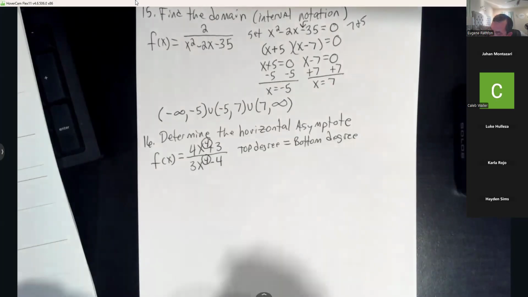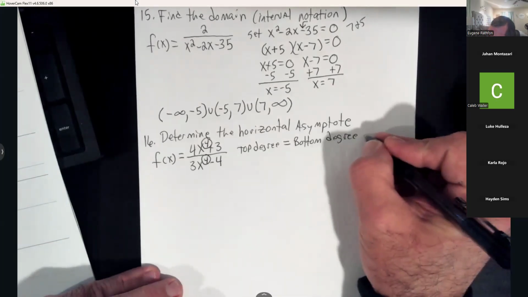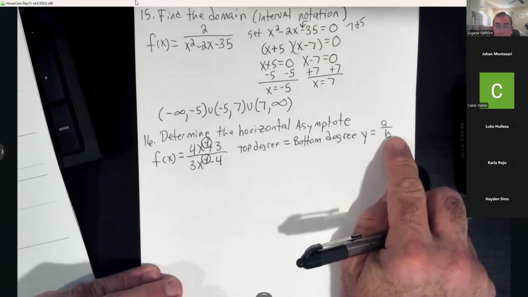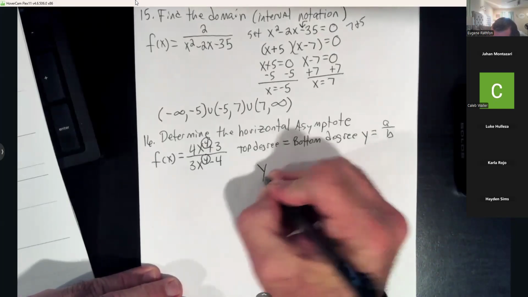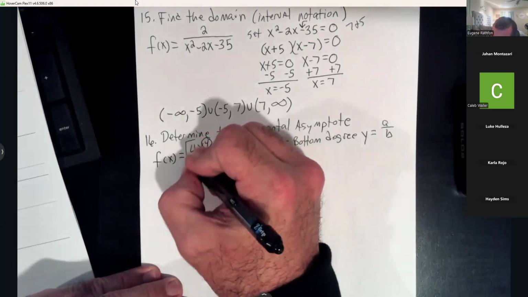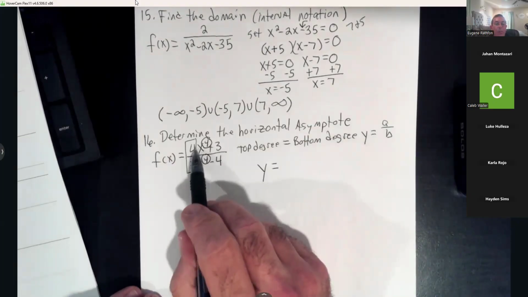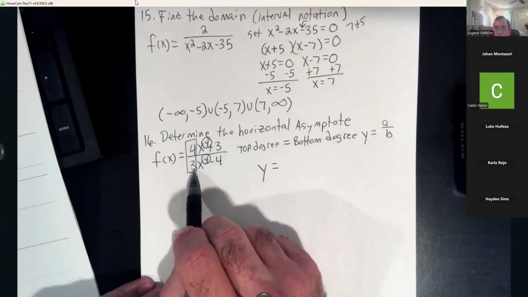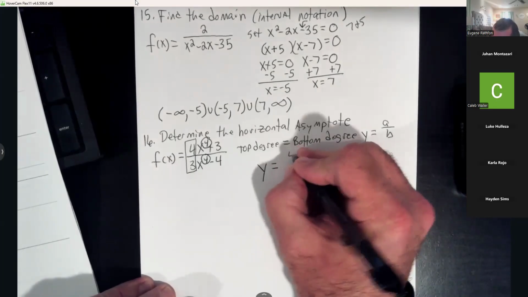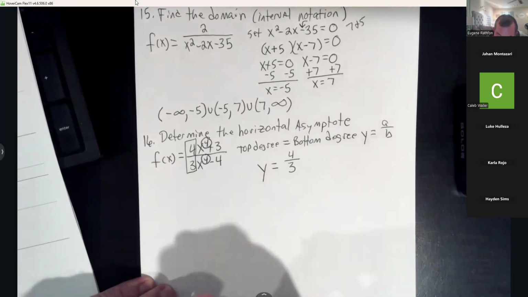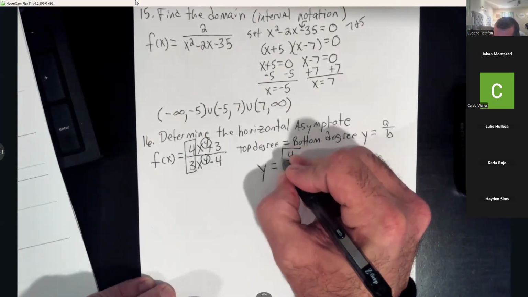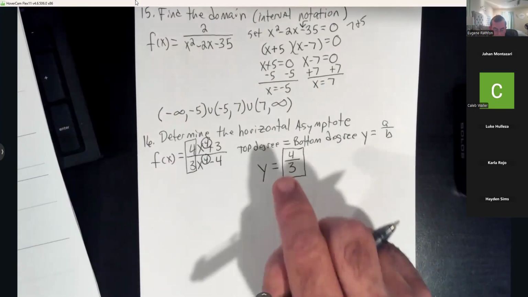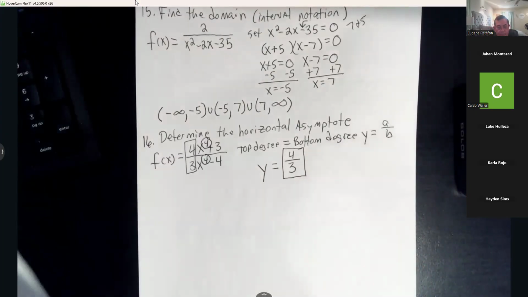So that means that my horizontal asymptote would be the ratio of A over B. So y'all, here we go. y equals A over B are going to be the numbers in front of these variables. So A is 4, B is 3. So y equals 4 over 3. Now they'll give you the y equals part. All you're putting in is the 4/3 on that one, okay?